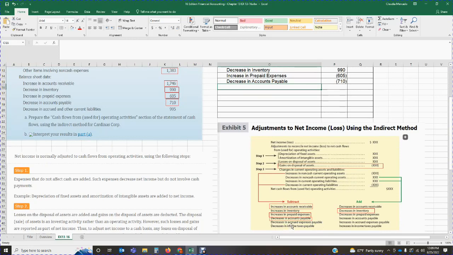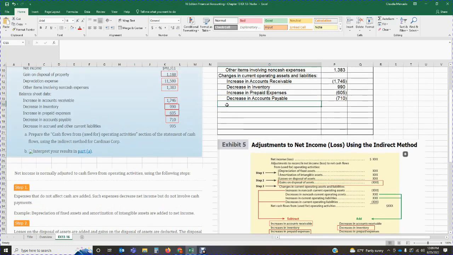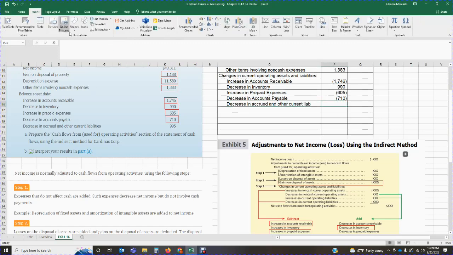Decrease in accrued and other liabilities, we're going to subtract. And we have $995 right here.